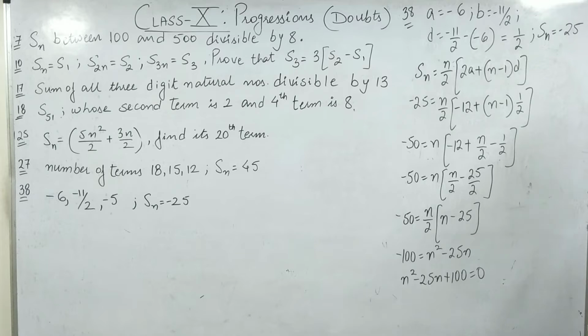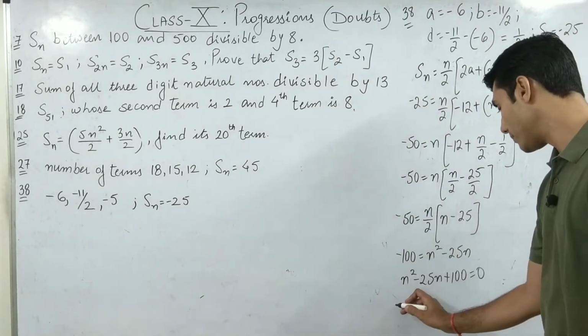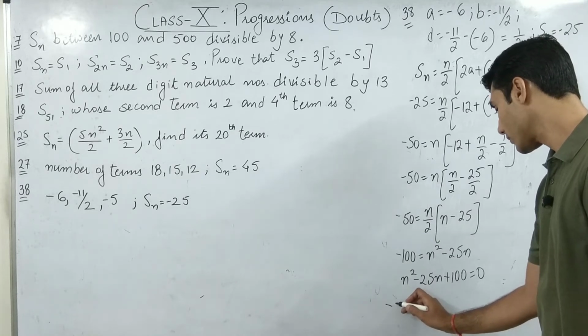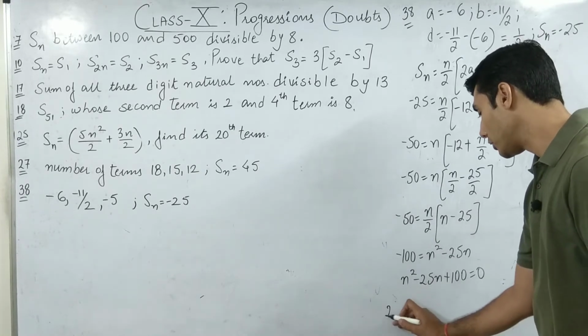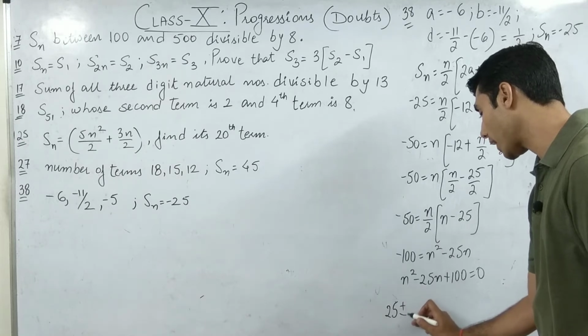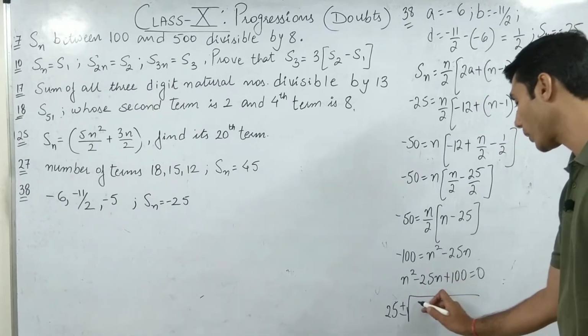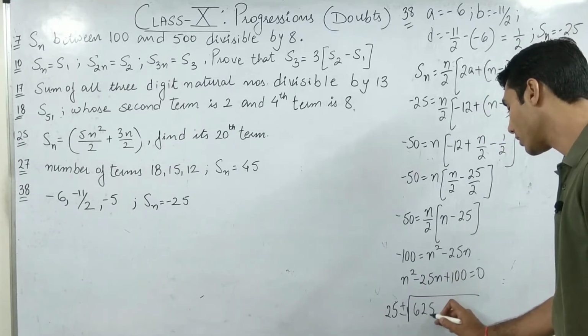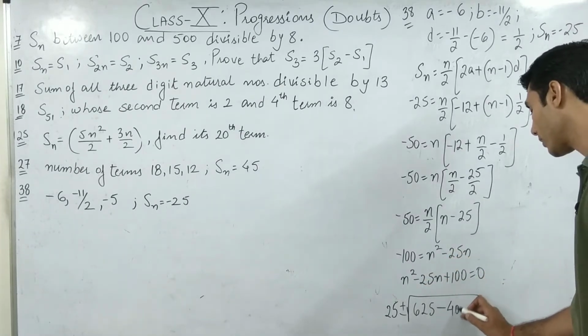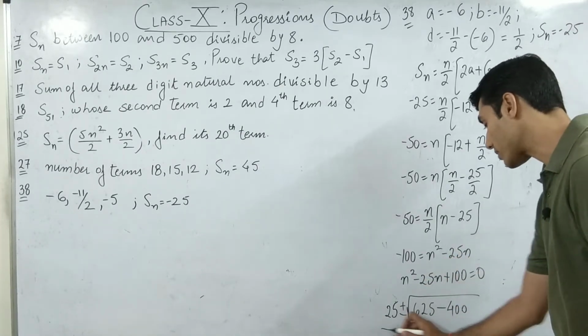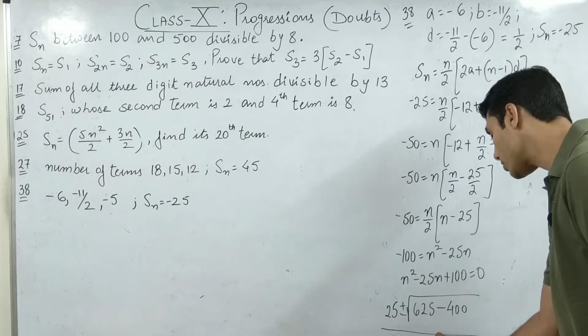Right? Now ideally 25 doesn't have such factors, but let's see. So it's minus b, minus 25 is plus 25, 25 plus minus under root of b square minus 4 into a into c, minus 400. Okay, I had to find the factors of 100. Upon 2a, which is 2.